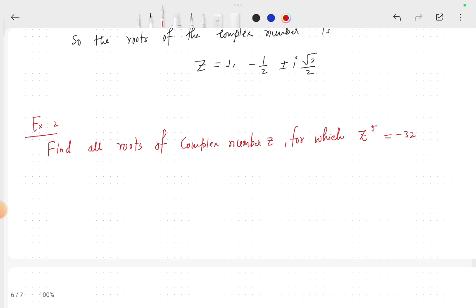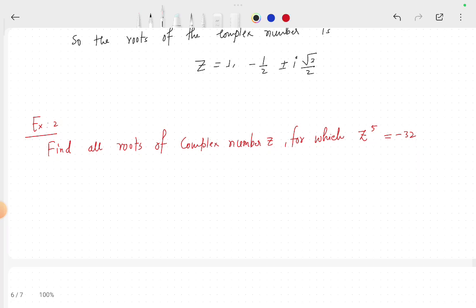For 5 different n values, we get the roots of the complex number z. Very good.